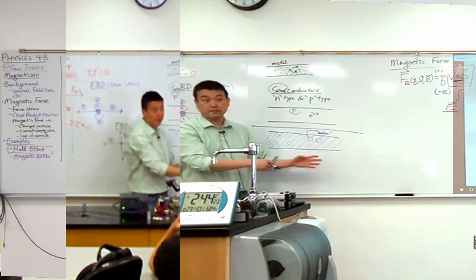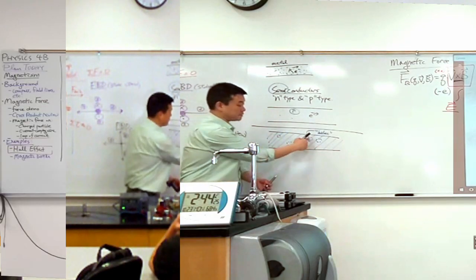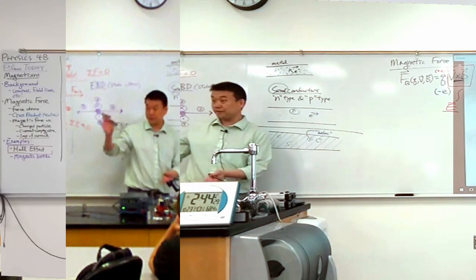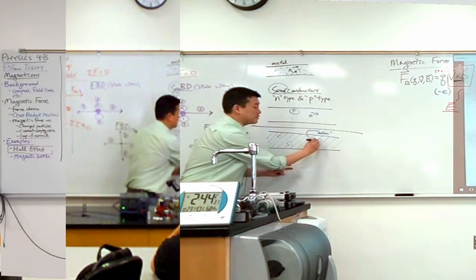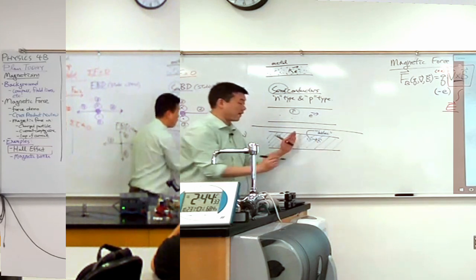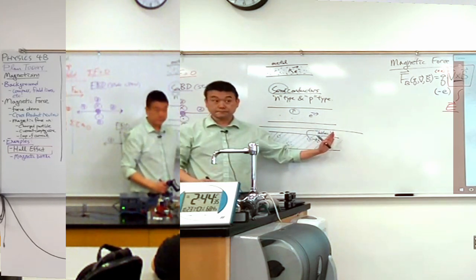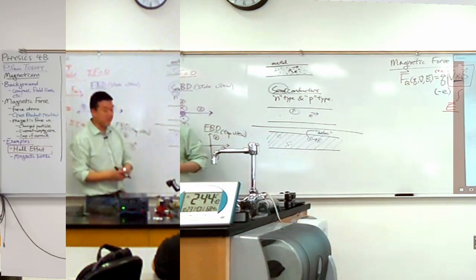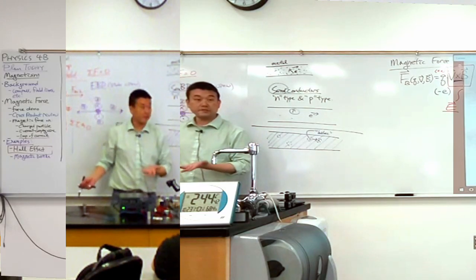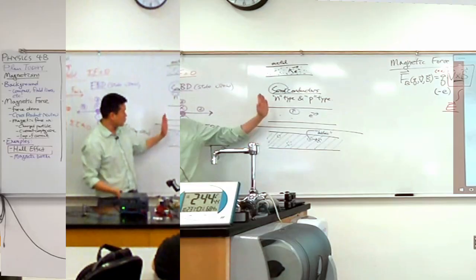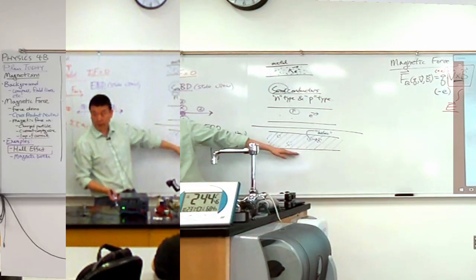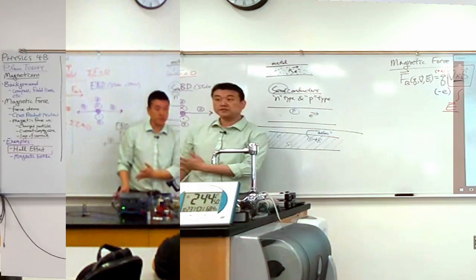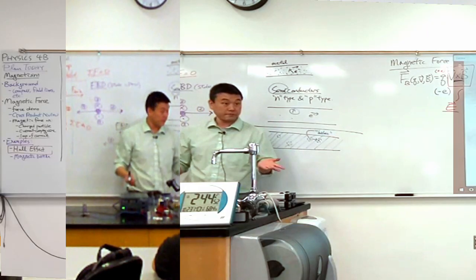But could we describe this hole, which is technically positively charged compared to the rest of the material, as moving? You might say, oh, this is just some mathematical convenience. If you describe the current in this semiconductor as flowing as this hole, that's just mathematical convenience. The real charge that's still moving is the electron.